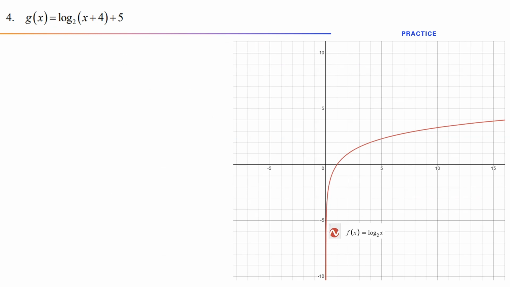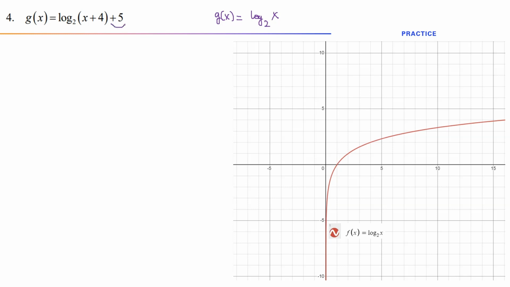Question 4. Now we wrap the logarithmic functions. So the parent function of this is g of x equals log base 2 of x.